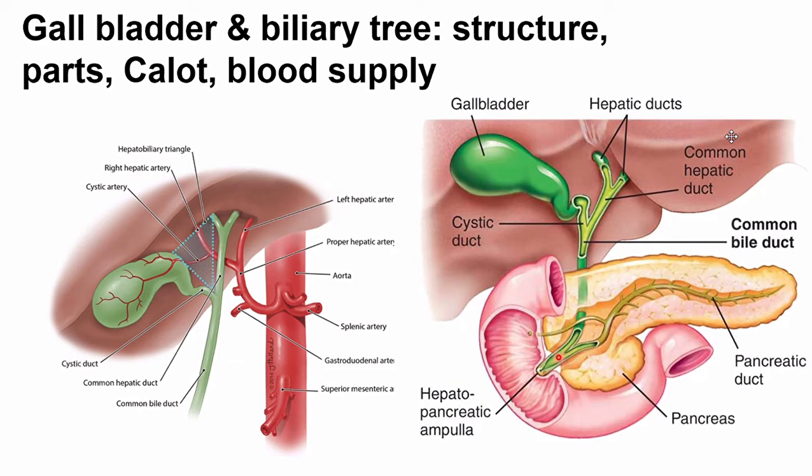And it will be joined together in what we call the hepatopancreatic ampulla. So I haven't discussed yet the ampulla of Vater. So this is now the lecture on the ampulla of Vater, just to give you an idea.